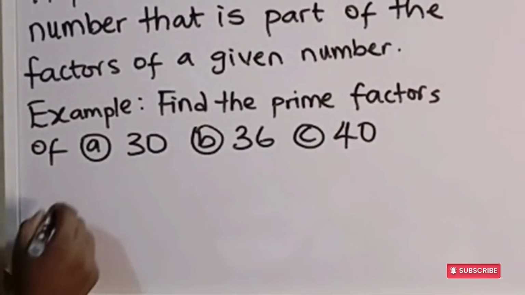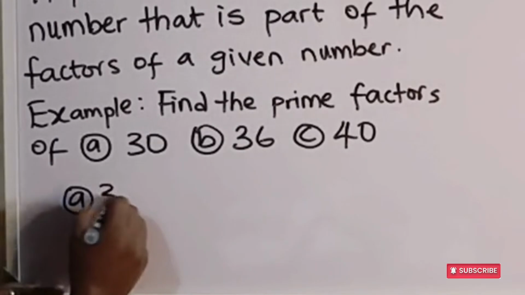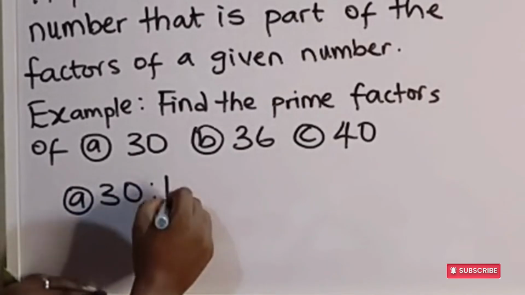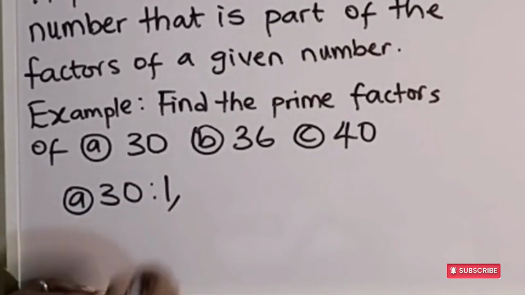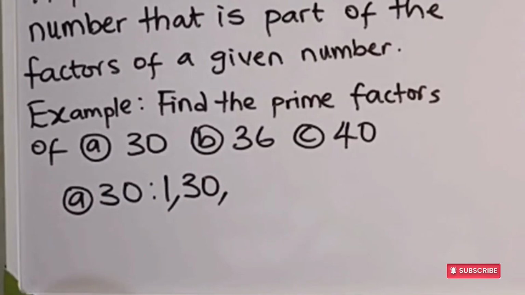So let's look at the first one, A. To find the prime factors of a number, we first have to write down all the factors of that number. So 30. What are the factors of 30? The smallest factor of 30 is 1. The largest factor of 30 is 30 itself. Let's try out 2. 30 divided by 2 is going to give us 15.